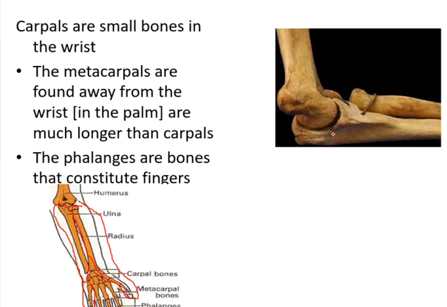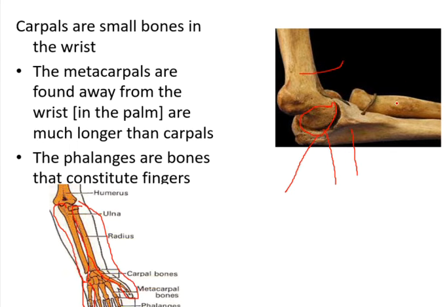We can look at the olecranon process here. Then this is the ulna. It has formed a sigmoid notch here, and the sigmoid notch is articulating with the trochlea of this humerus to form a hinge joint which allows movement in one direction.